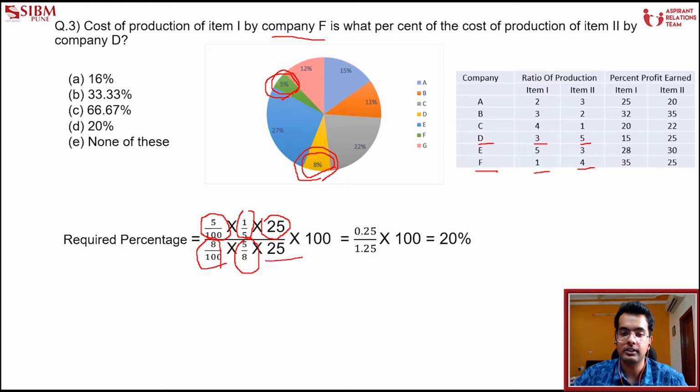Again, the total is 25 crores. So we simply get the ratio, and to convert it to a percentage, we multiply it by 100. So we get 0.25 upon 1.25 into 100, and this gives us 20. So 20%, and the correct answer is D.